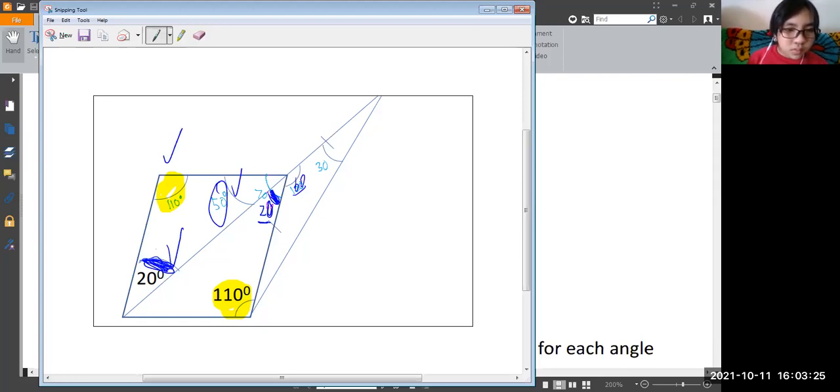Okay. Then if this is 160, this is an isosceles. So how much is this? 10. Why 10? Cos divide by 2. Okay. So you made a mistake here.